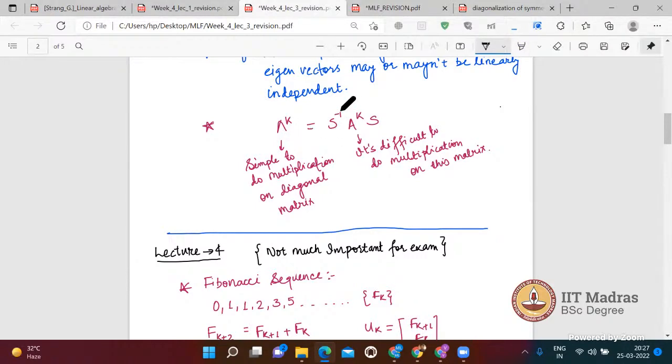If you want to know the properties of A, you can do the same operation on the diagonal matrix, and then you can get to know the properties of that matrix.